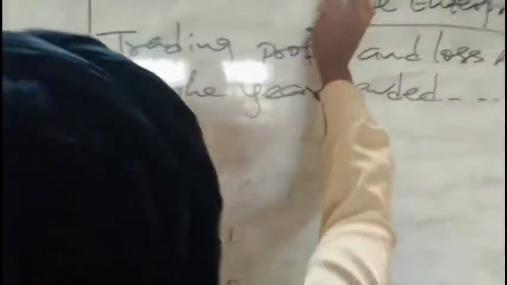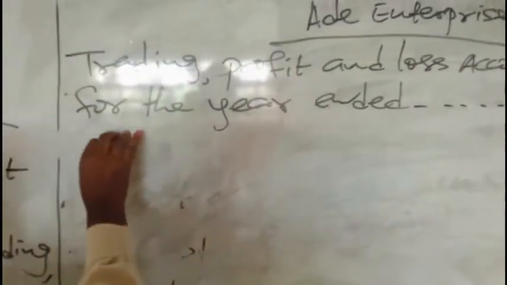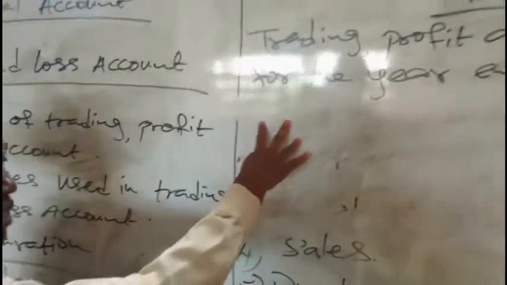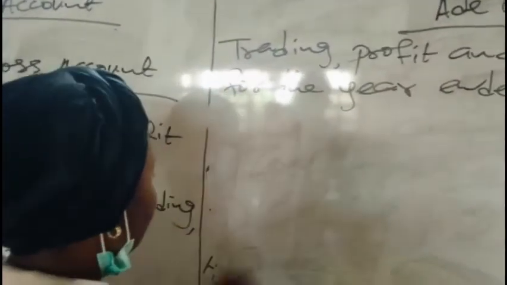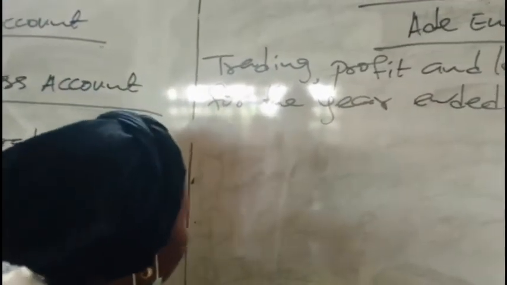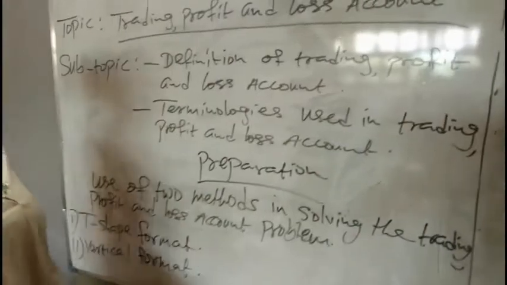Now, you have gotten the name of the enterprise, and you also have the heading of the account you want to prepare. All you need to do after the heading is indicate the format you want to use. It's either the T-shaped format or the vertical format. Now let's use the T-shaped format.